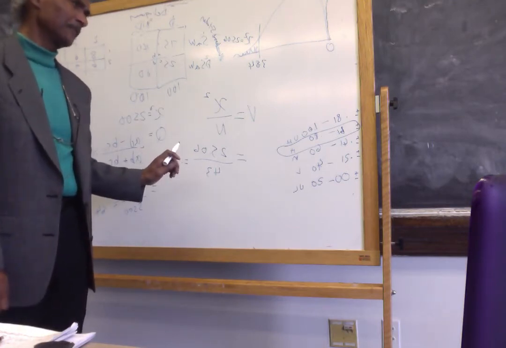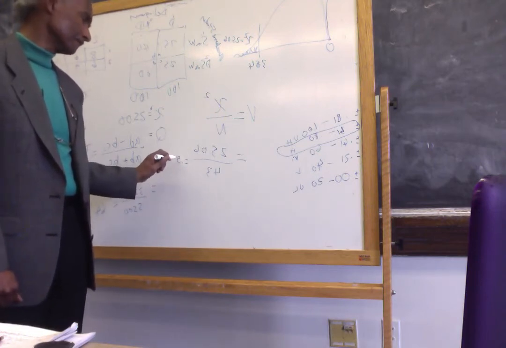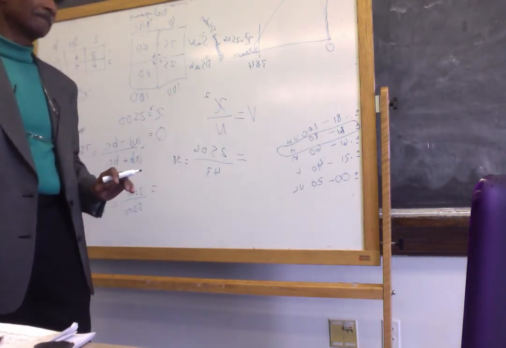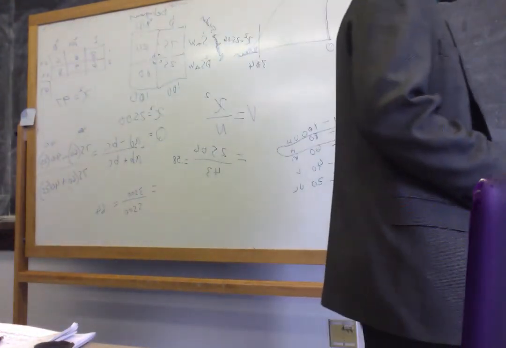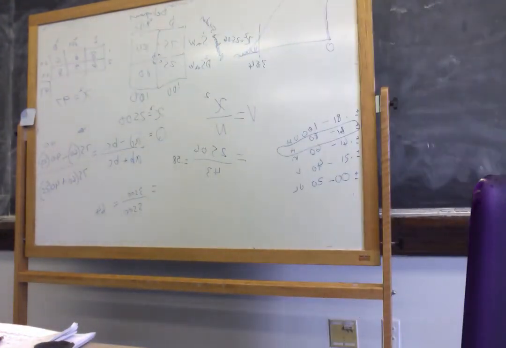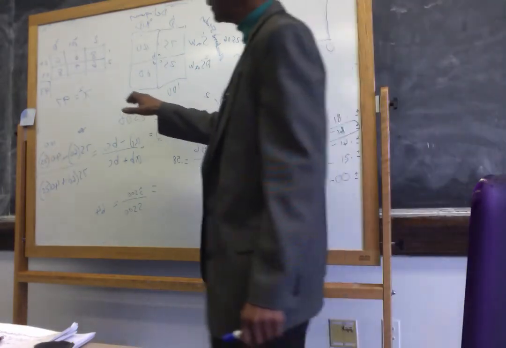Zero point five. 43 is the n, on this data here.